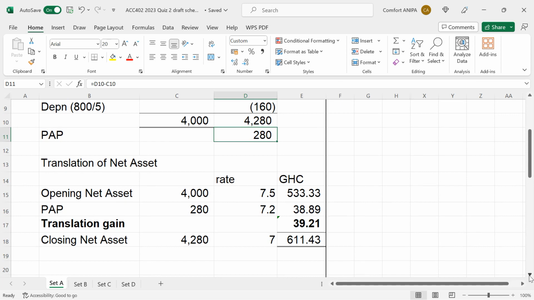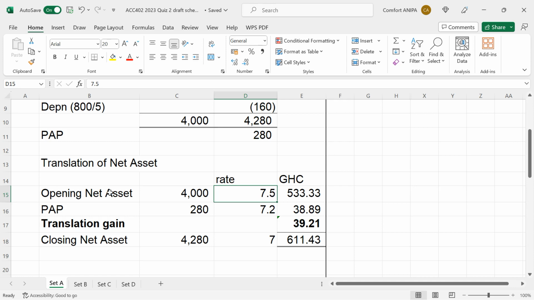Then you come to the translation of these net assets. So you have your opening net asset, which is the 4 million, your post-acquisition profit, which is the 280, and then the closing net asset, which will be the 4,280. And then you can determine your translation gain or loss.